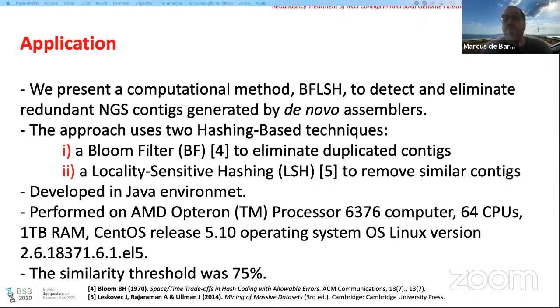The Bloom filter performs the exact string match to detect the duplicated contigs. And then, in the second unit, we use a technique called Locality-Sensitive Hashing, or LSH. The LSH performs the approximate string match for similar contigs detection.